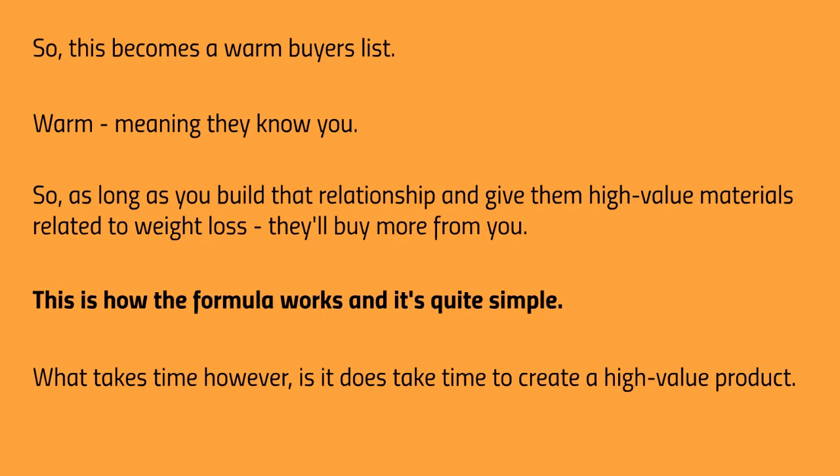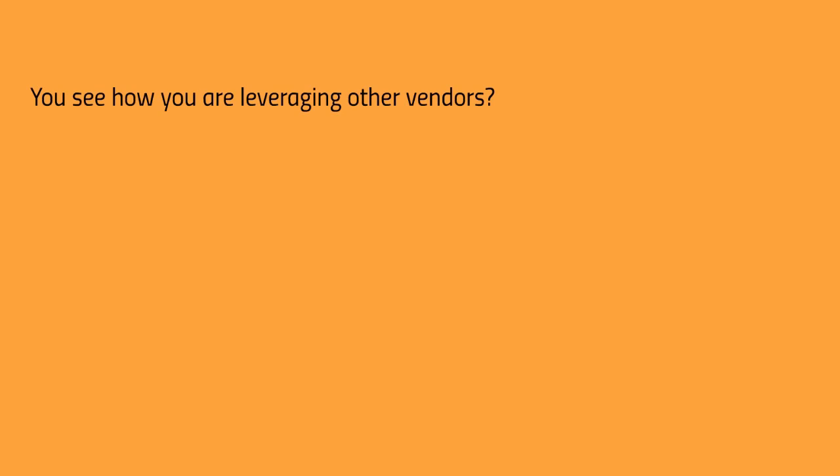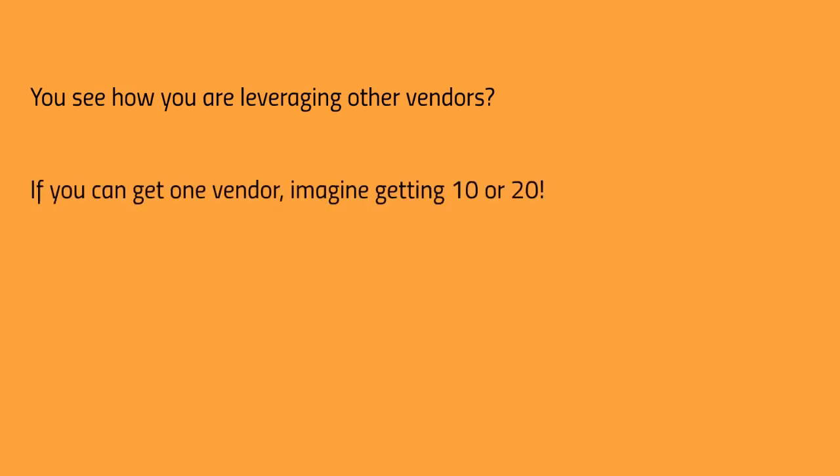So really what it comes down to is most of your time will be focused on analyzing the vendor and buyer, and then creating a high value product that they are already buying out on the internet, but you just produce something of more high value. So you see how you are leveraging other vendors. If you can get one vendor to put this on their thank you page, and even if you're getting a few subscribers a day, those are actually building your customer base list.